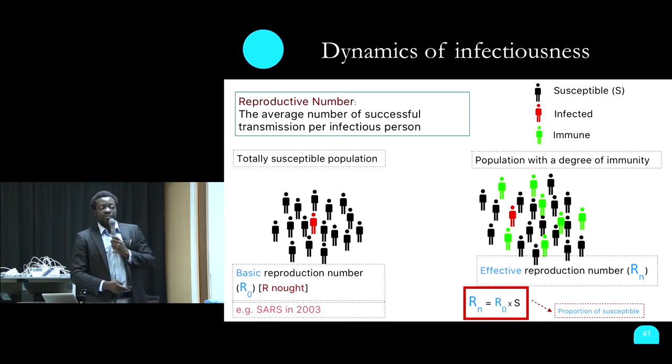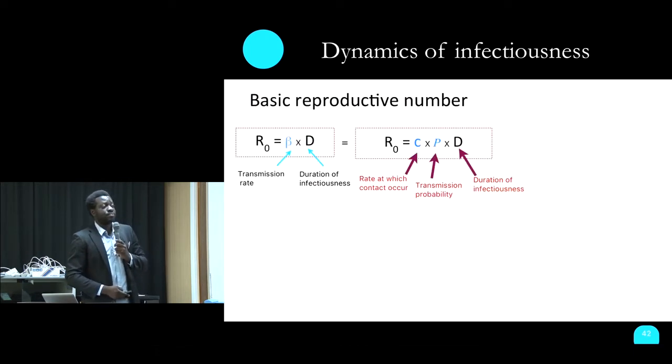And the effective reproduction number is just the basic reproduction number multiplied by the proportion of those who are susceptible. Mathematically, R naught, or the basic reproduction number, is the transmission rate times the duration of infectiousness.